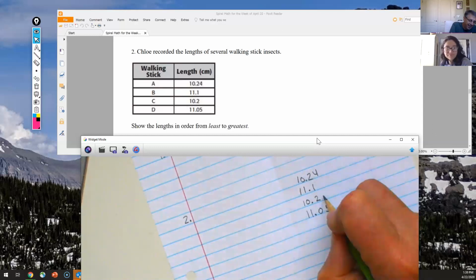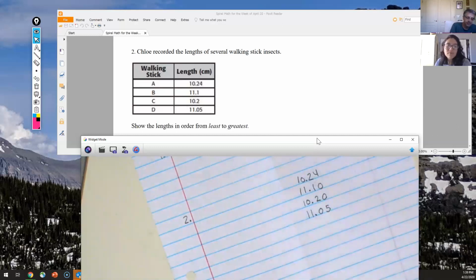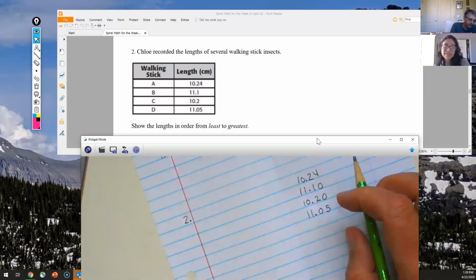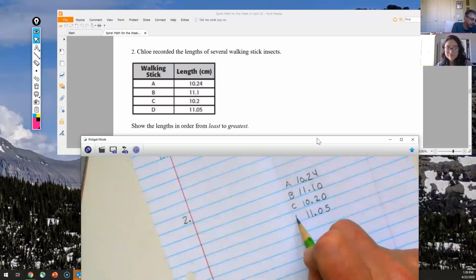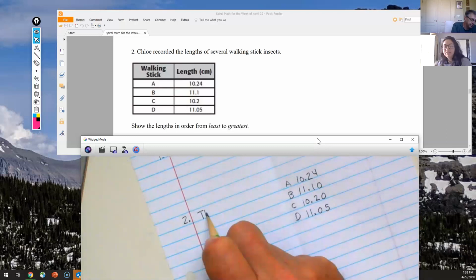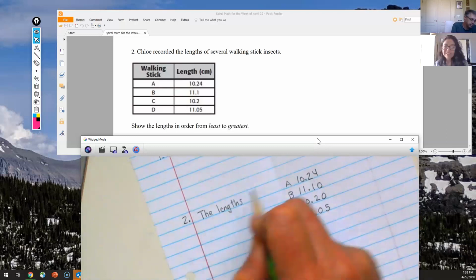So make sure that you line them up. I'm going to annex a few zeros here just to make sure it's easier to line up. Okay. So for your answer sentence, you can say the lengths in order from least to greatest are, just like Mr. Yates is writing right now.